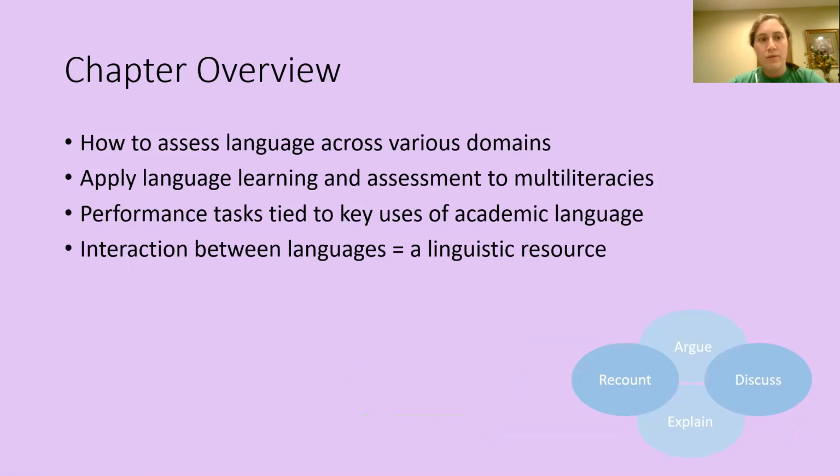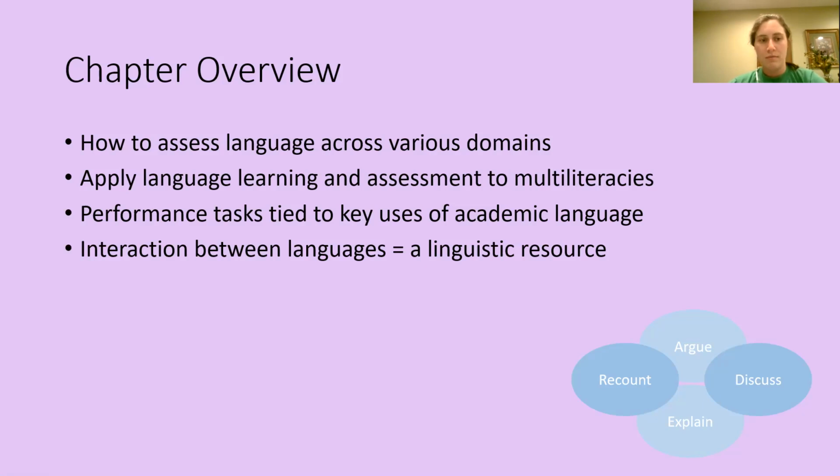So Gottlieb Chapter 4 talks about how to assess language across various domains, and these 4 domains are speaking, listening, reading, and writing. And then it talks about applying language learning and assessment to multiliteracies. So multiliteracies use various texts such as written texts, videos, and images.